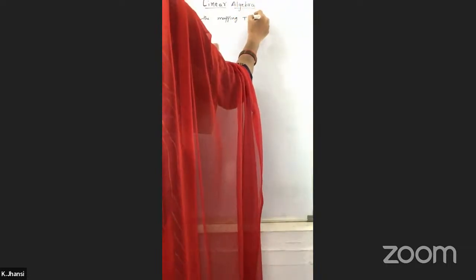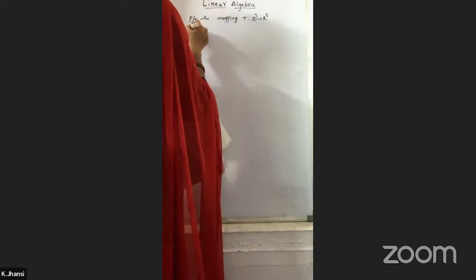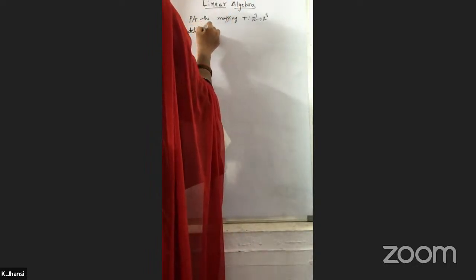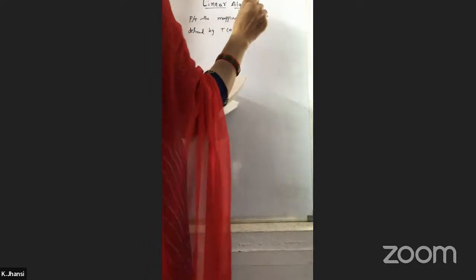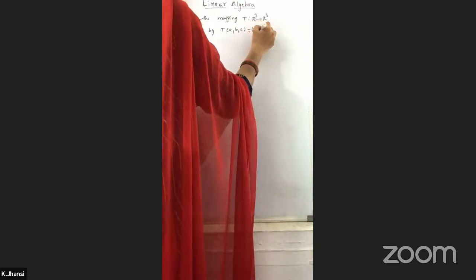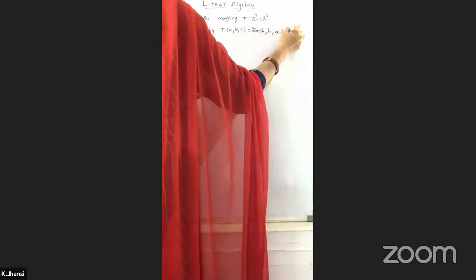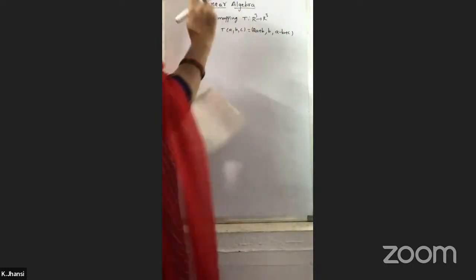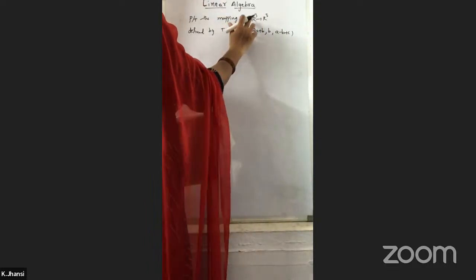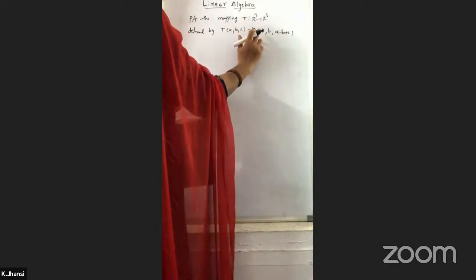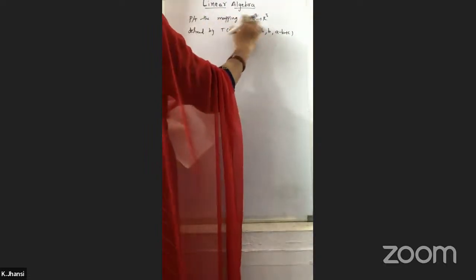In R3 you have three elements, and it maps to R3 elements, three elements. This is the definition of T.